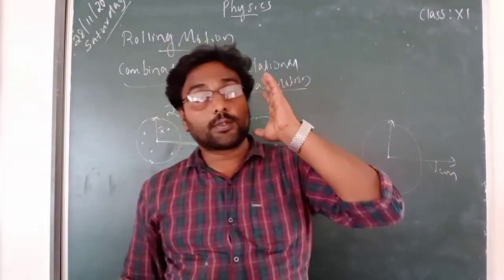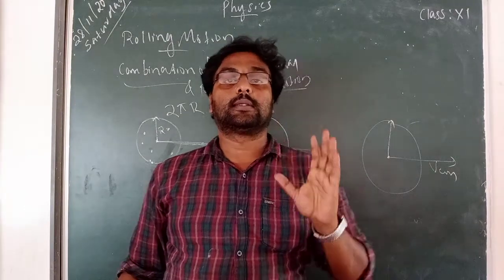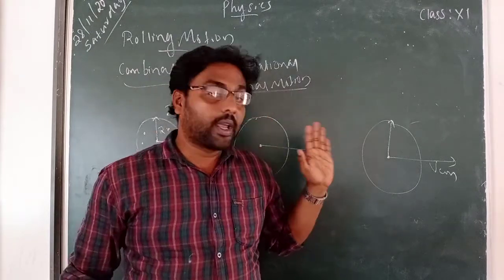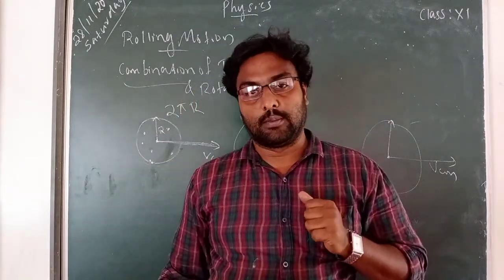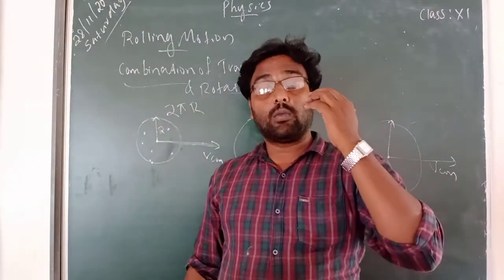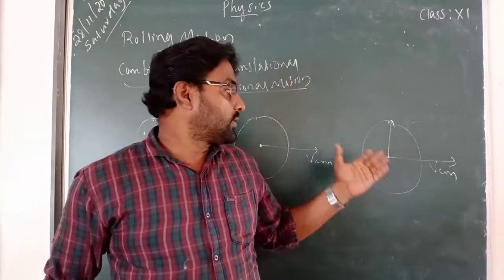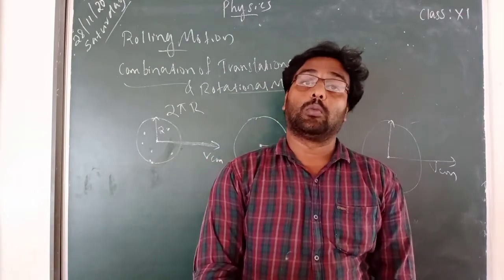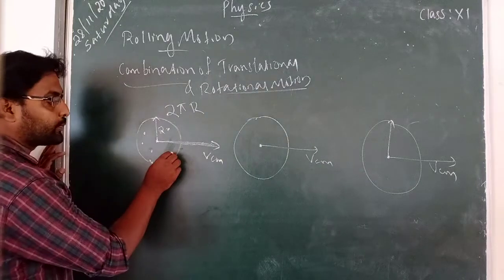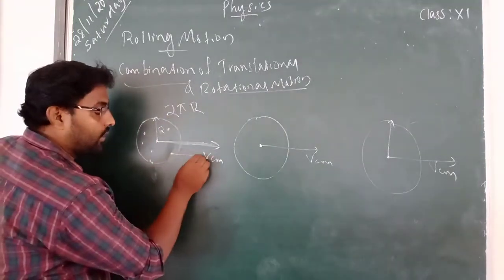So the center of mass moves in a straight line path, which means this center of mass is in translational motion. So here the center of mass takes a straight line path, so it possesses translational motion. All other points in this circle, you see this point now, possess two motions.